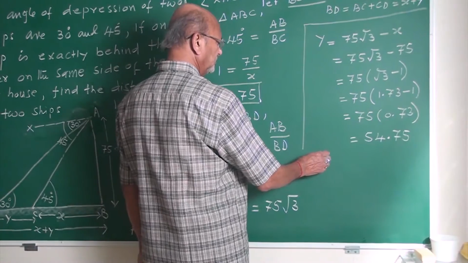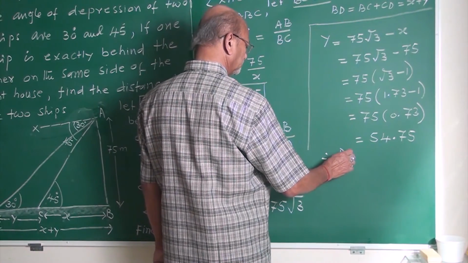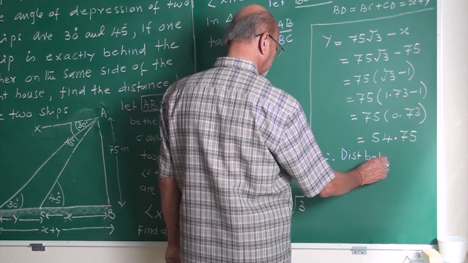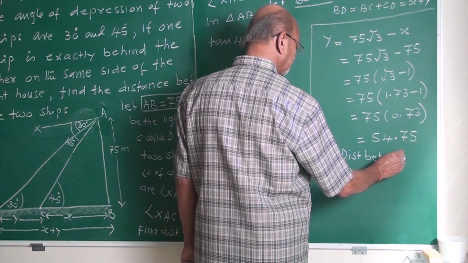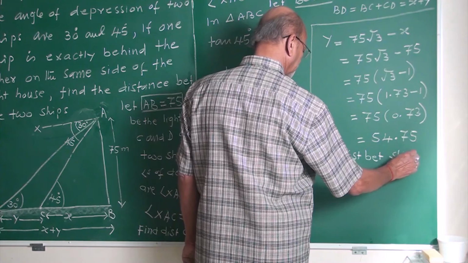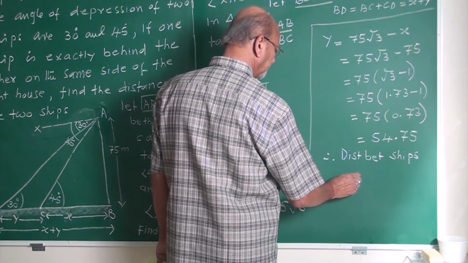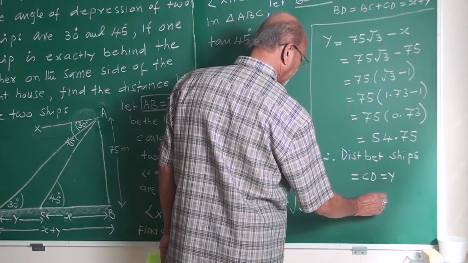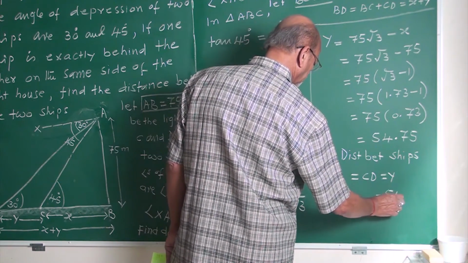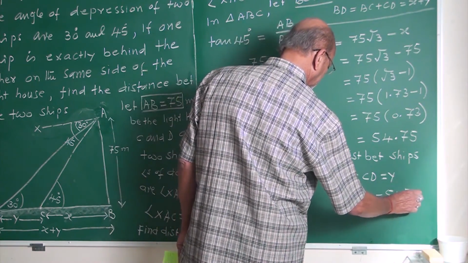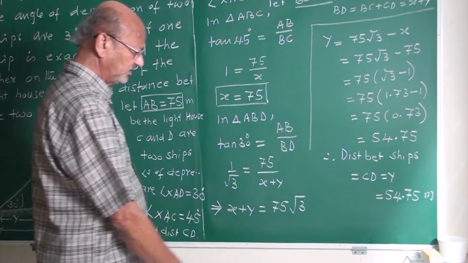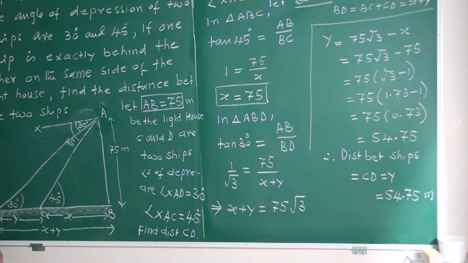Therefore, the distance between the ships is CD. But CD is Y, which is 54.75 meters.